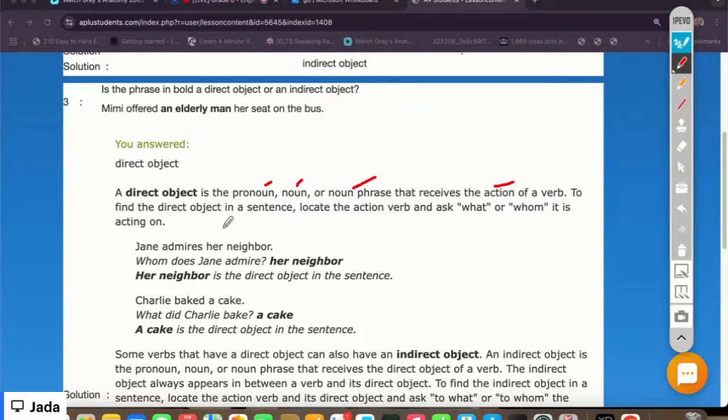To find the direct object in a sentence, you have to locate the action verb and ask what or whom it is acting on. Okay, so you're asking what is it acting on or whom is it acting on.